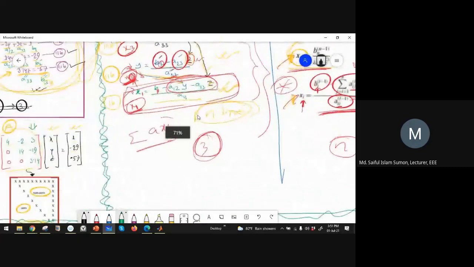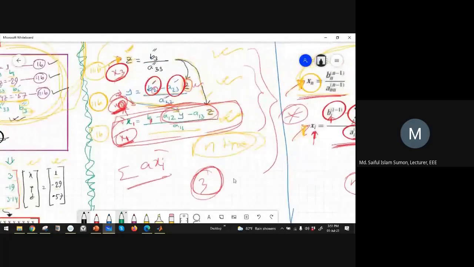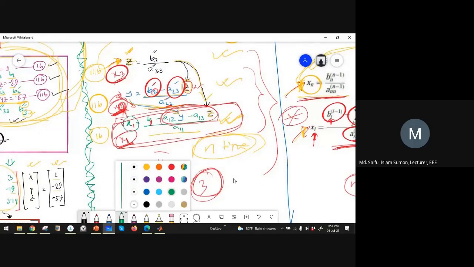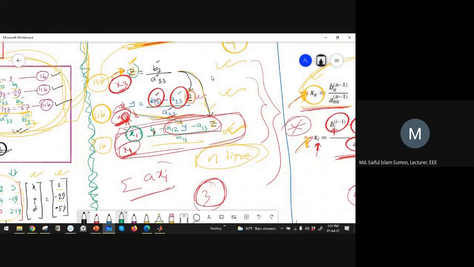So you can see here. To get the last equation, B1 had no manipulation. That means it was the end. Sorry, I'm making a mistake. To get the last equation, the last variable's value, we need the maximum number of manipulations.